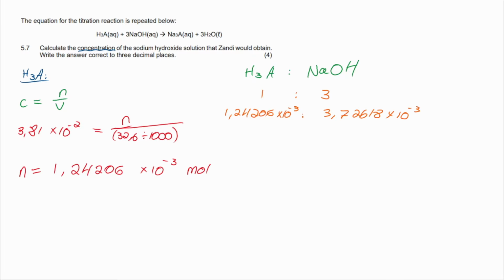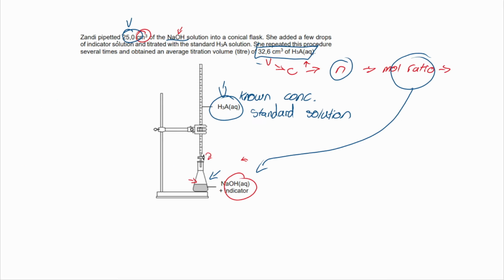So now I have moles, but let's not forget, what were they asking for? They want the concentration of sodium hydroxide. I have the moles, and I also have my volume. This is my volume of sodium hydroxide, 25 centimeters cubed.